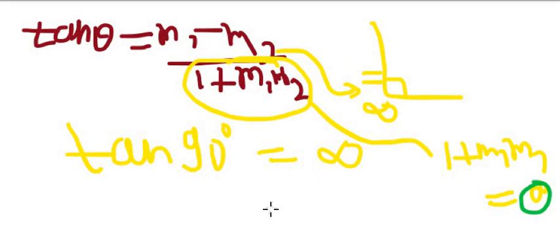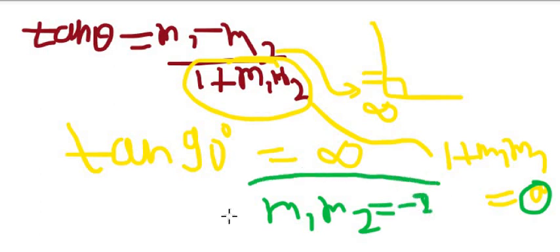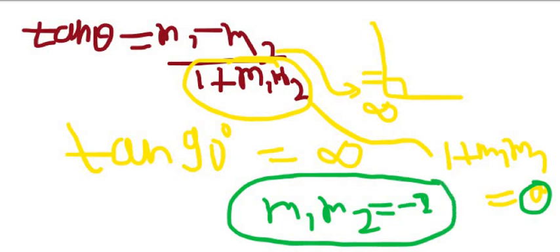So from here I may say that m1 into m2 is equal to -1. So in the case of perpendicular lines, if one line has slope m1 and the other has slope m2, then m1 into m2 is equal to -1. And in the case of parallel lines, as I said, the slopes will be equal.